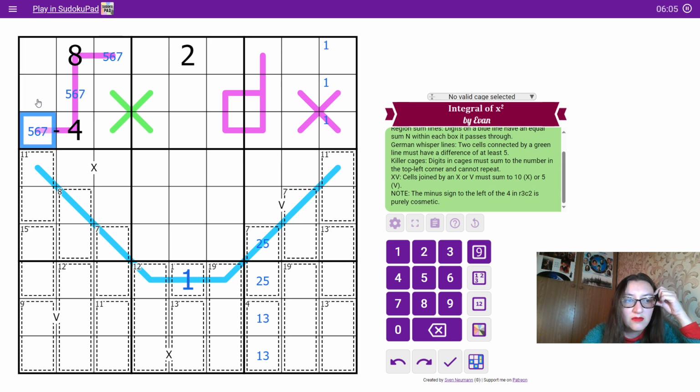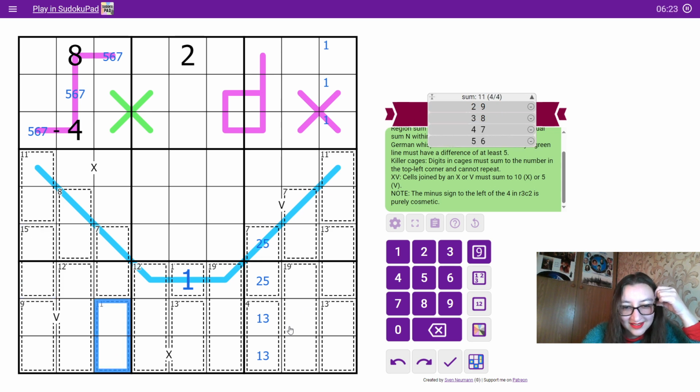So that's a 7. Those are 1 and 2. So they also have a calculator for the cages on the website, which I will absolutely use.